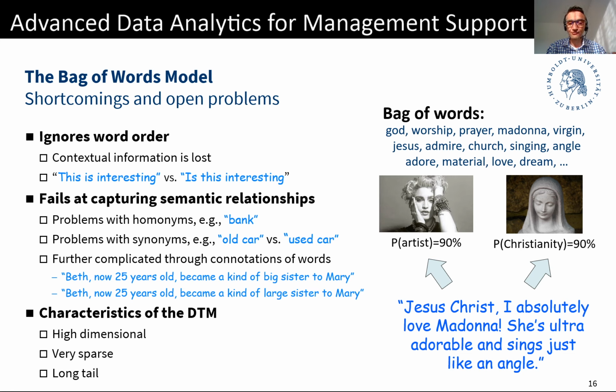There's Jesus, there's Christ, there's Madonna, angel is there. Singing also fits into the picture, and these are the key words here, right? So, in a nutshell, you can't really make sense of the context and the semantics with this simple model.